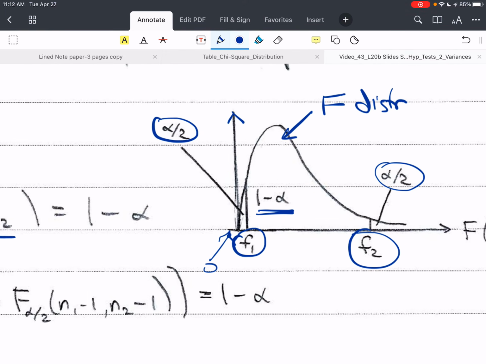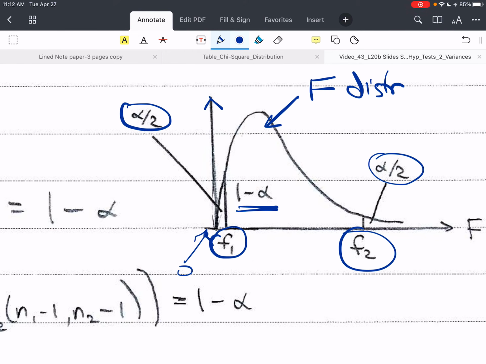Now, F1, I'm going to write it as a critical value. Then I need to know how much is above it. So that's going to be 1 minus alpha over 2. So this is going to be an F subscript 1 minus alpha over 2 with N1 minus 1, N2 minus 1 degrees of freedom.